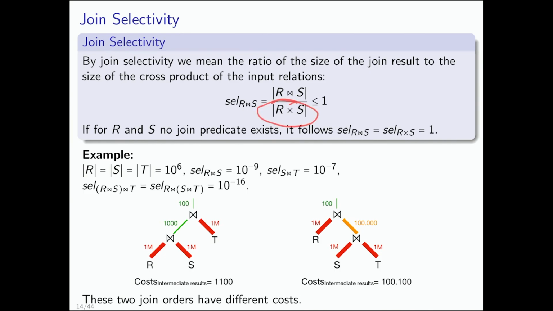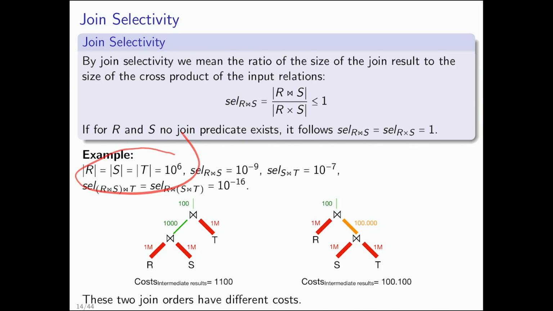And then I basically count, so that's a cardinality again, the number of tuples here in the cross product, and then here the number of tuples in the join, and that gives me a number that's smaller or equal to 1, obviously. And that gives the join selectivity. And here's an example of that. So I have three input relations with 1 million tuples each.